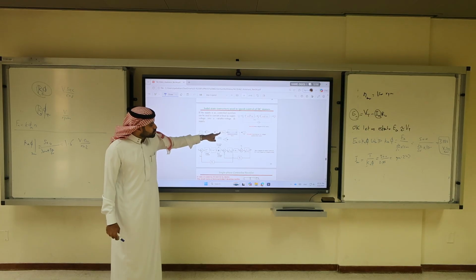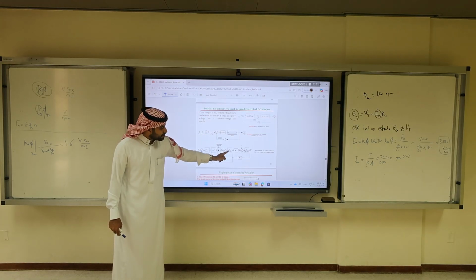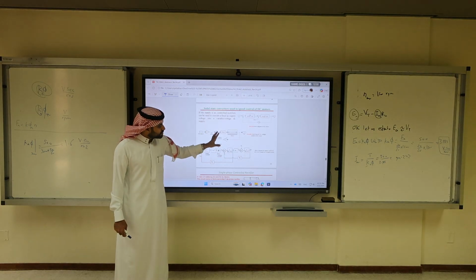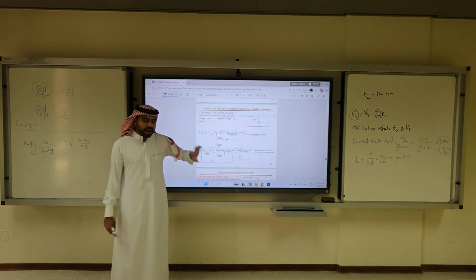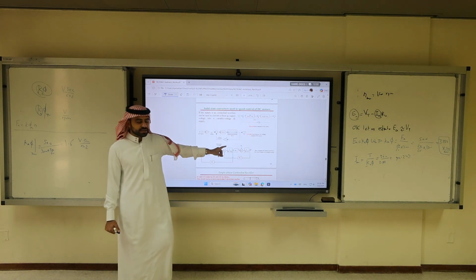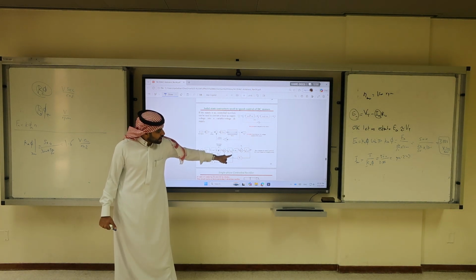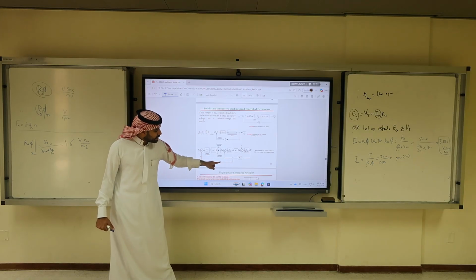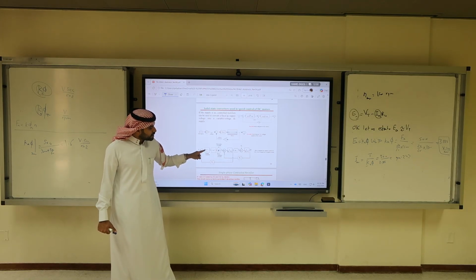So the PID controller here is after the voltage. So one way to apply it is not in series. IA is fed back to the PID controller.